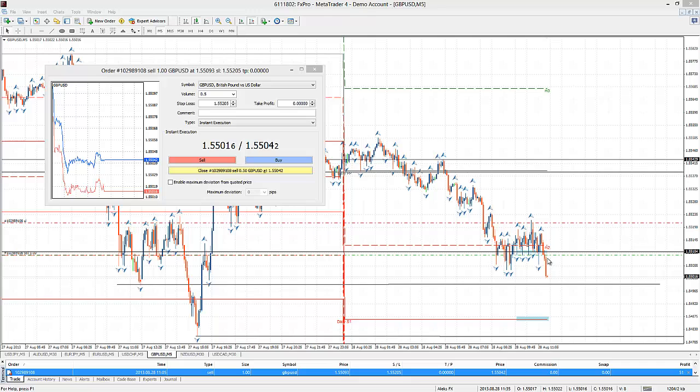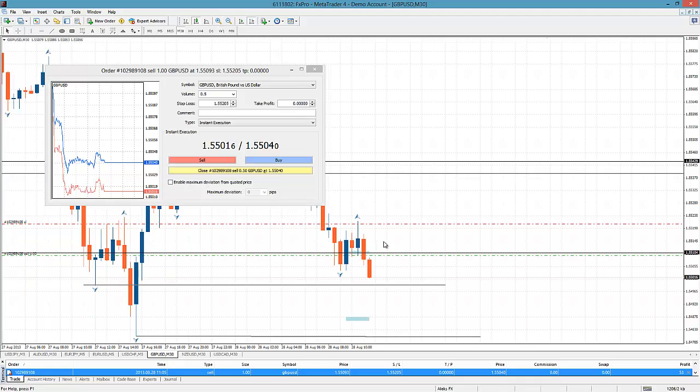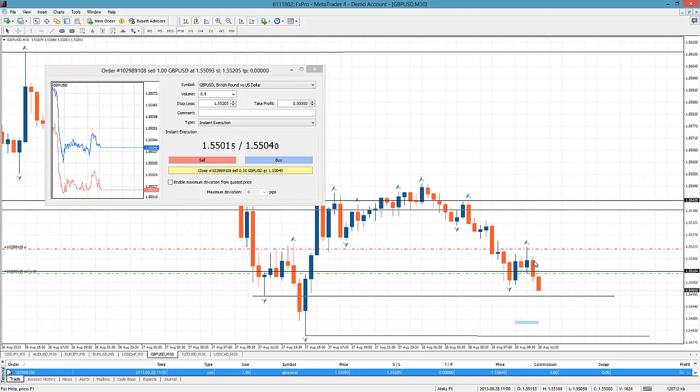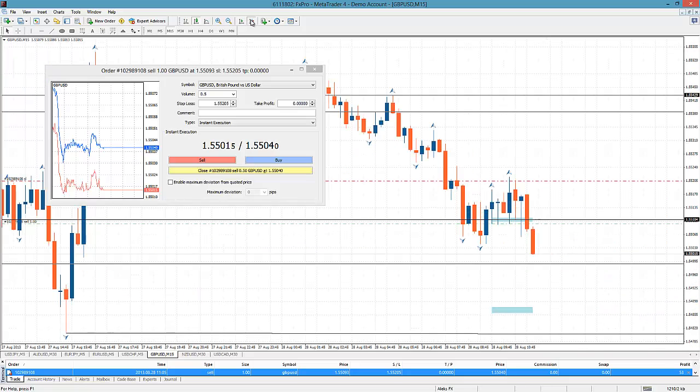Nice close. I like the close below those lows now. Nice bearish looking candle. So look at the 30-minute chart. See that close on the 30-minute? And now we're moving down into support. So it's looking nice and bearish, but we are coming into a key area of support.